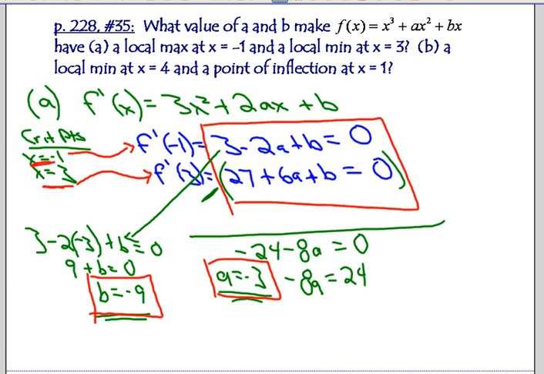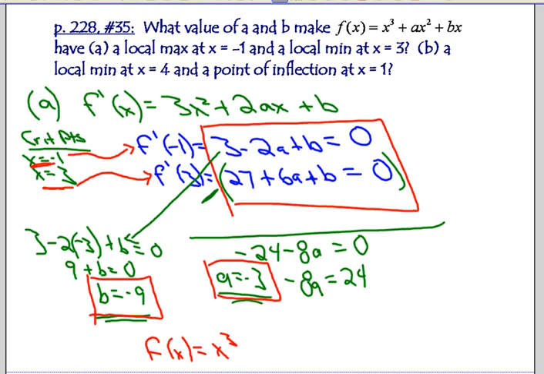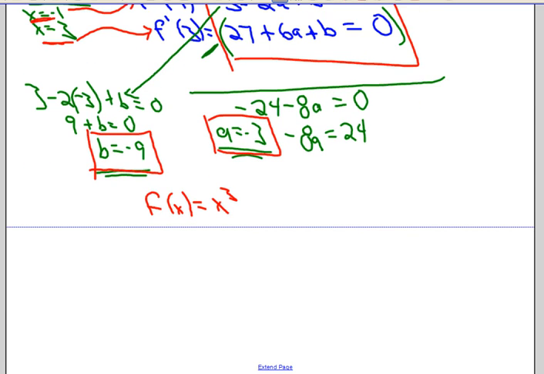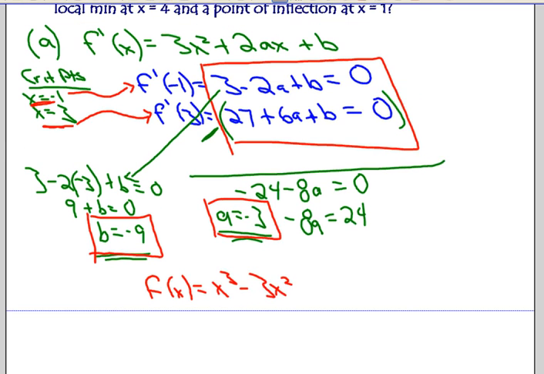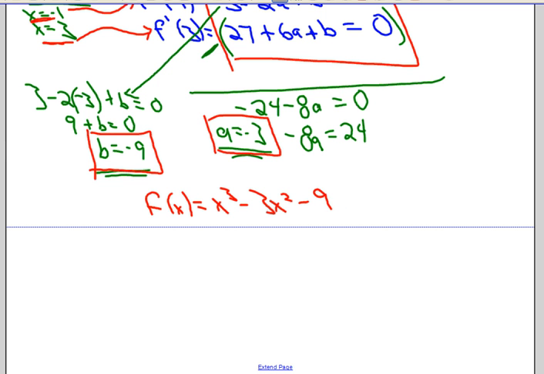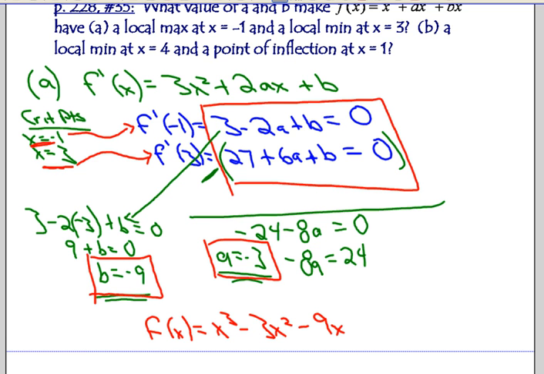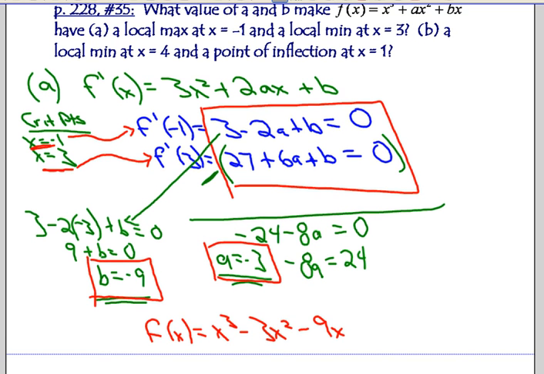Here's our function, x cubed, so our function now would be x cubed minus 3x squared minus 9x. And now our hope is, when we find our critical points, we'll have a critical point at -1 and 3, and it truly will have a max at -1, and we'll have a min at 3.